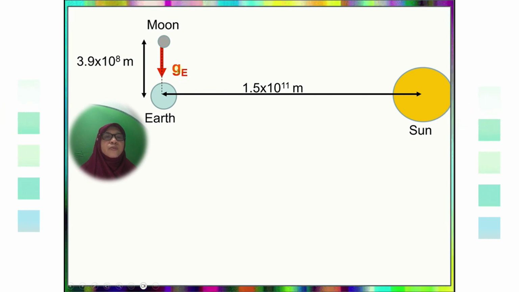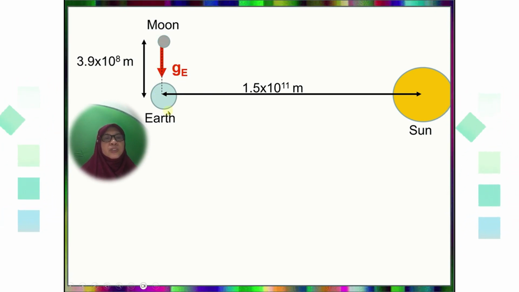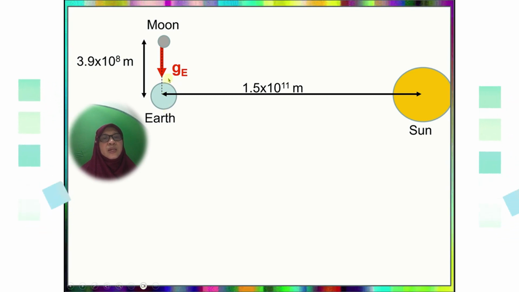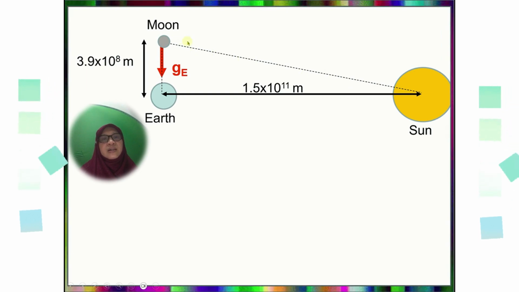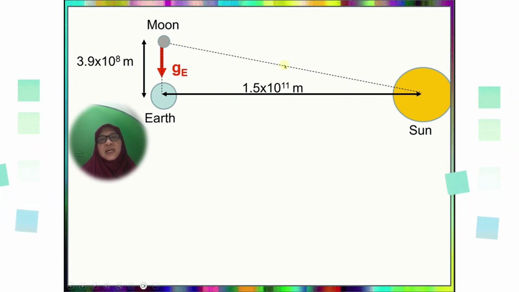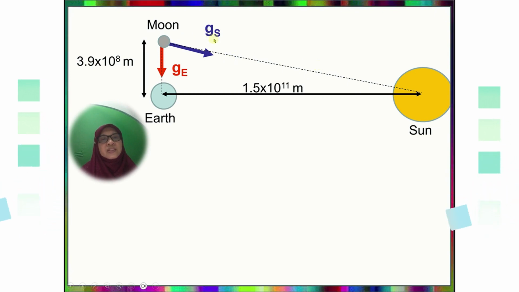So we draw the g direction from the moon as an arrow towards the earth. We name this g Earth. For g Sun, the moon is attracted to the sun, so the field is towards the sun. We name it g S.